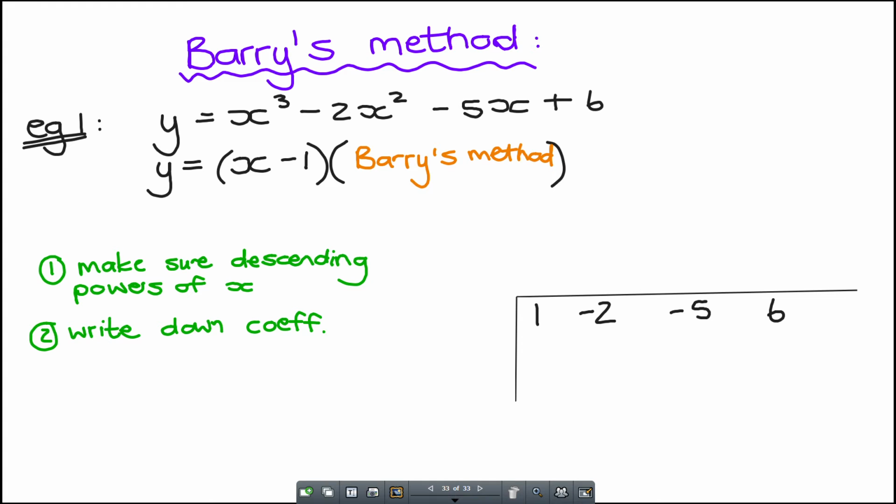Then, on the outside over here, I will write down what can divide in, the value you used for x, which is 1. That is the value that gave you 0 for the equation.